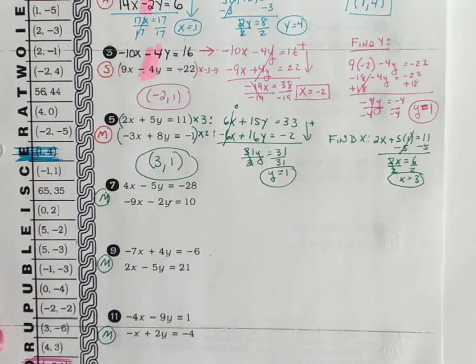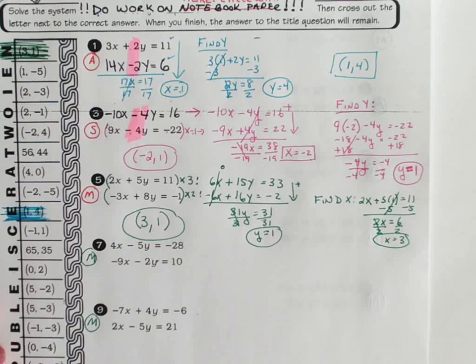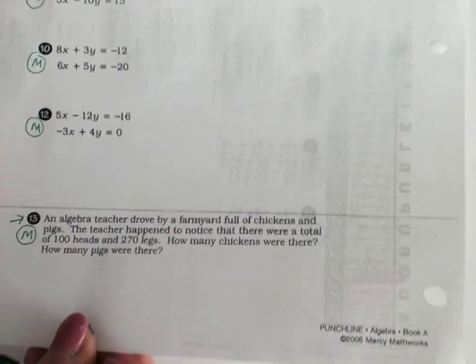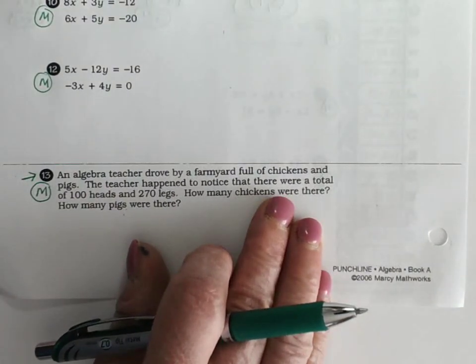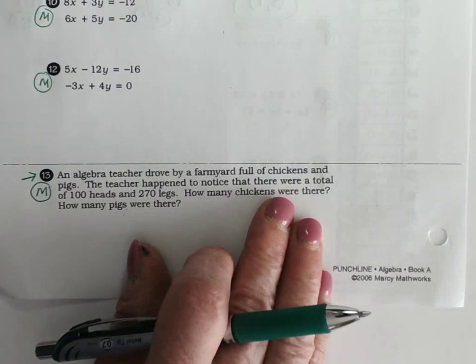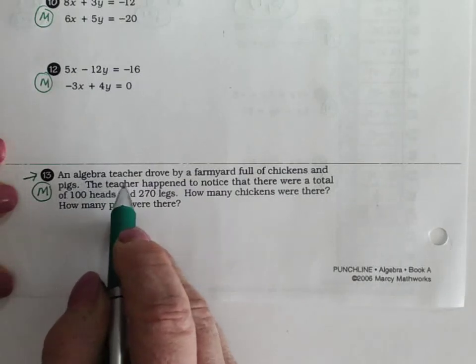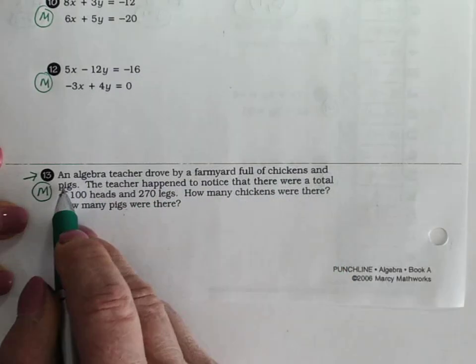Okay. So that is one example of each of the 3 methods. And then on the back, the word problems always seem to trick you. All right, so an algebra teacher drove by a farmyard full of chickens and pigs.